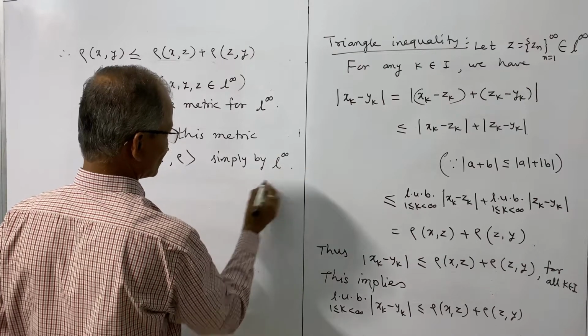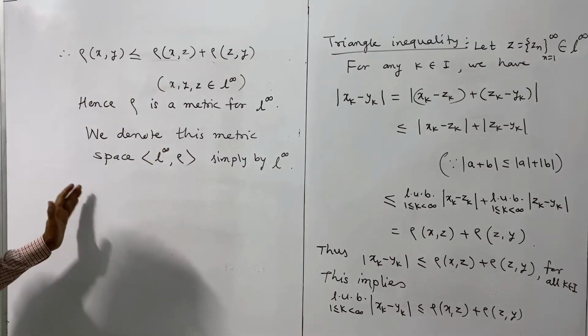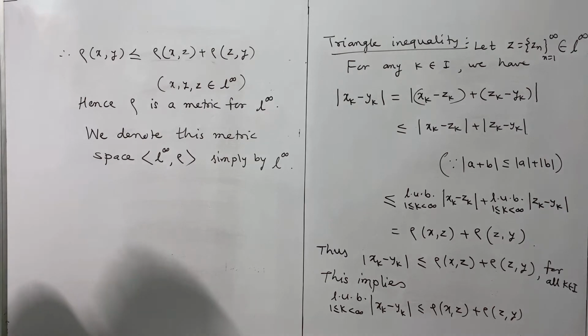So this is the notation, and thus this is our next example for metric spaces.